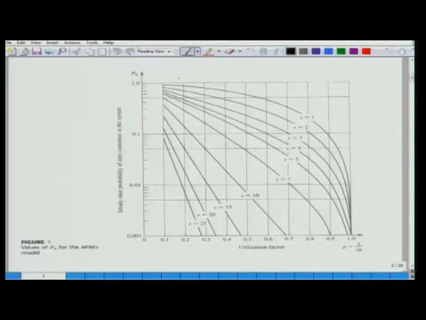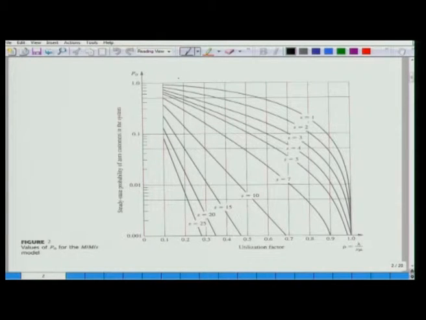In figure 2, the horizontal axis is the utilization factor, that means rho equal to lambda by S mu, with different values of rho going from 0 to 1, and the vertical axis is the steady state probability of 0 customers in the system. Look at the curves in the graph, and you see that the utilization factor is coming down drastically as S increases.